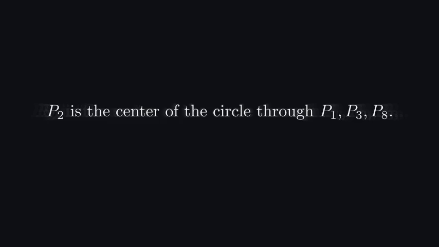P2 is the center of the circle through P1, P3, P8. P1 is red. P3 is red. P2 is green.